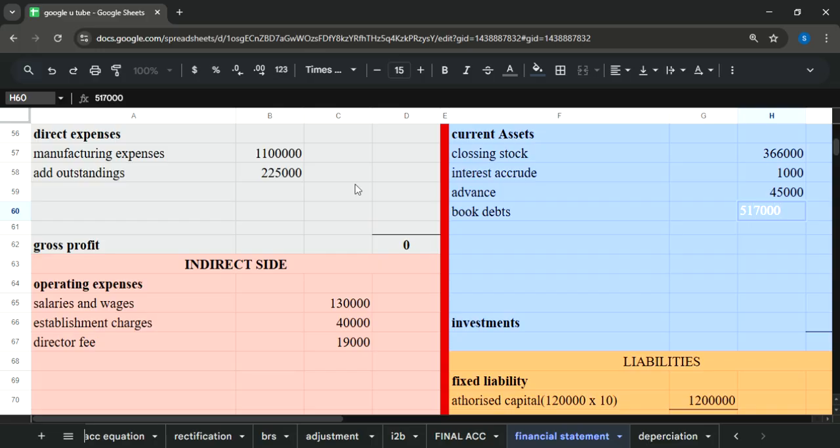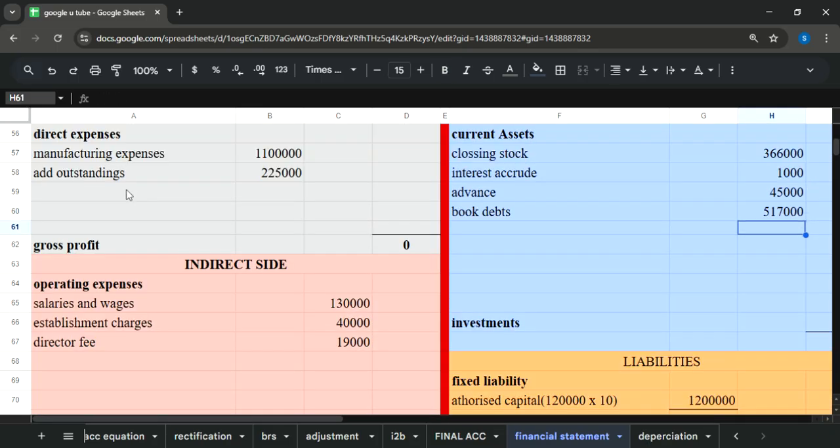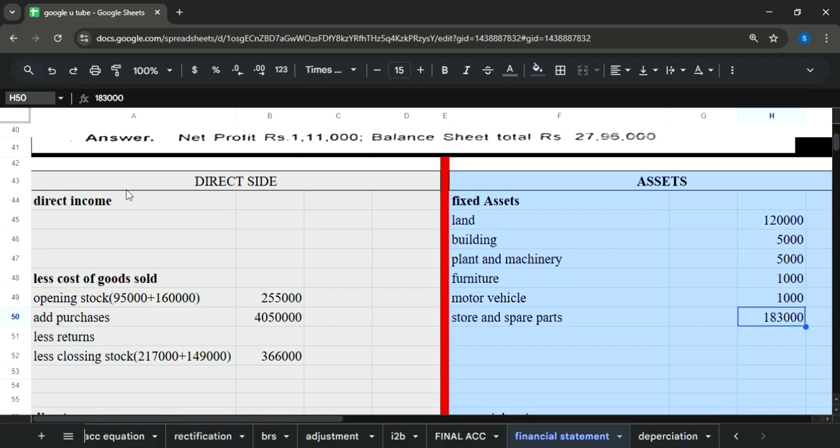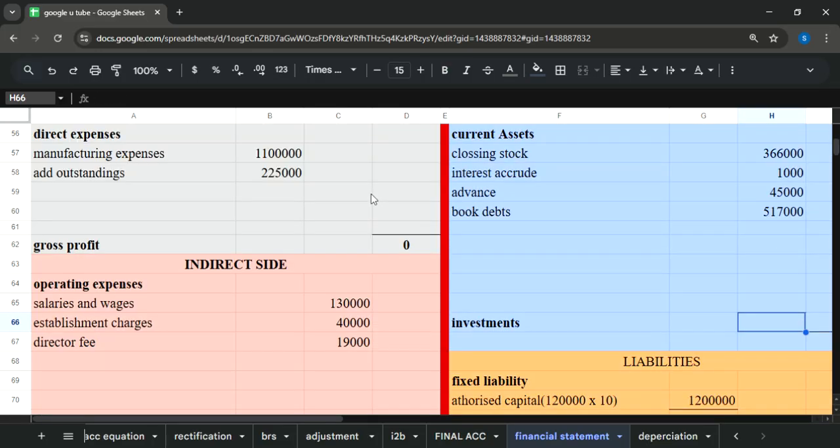Alignment is so disturbing that it's difficult to see which amount presents which asset. So book debts 517, then we have investment and we have fixed place of investment over here, amount of which 40,000, just mention over here.